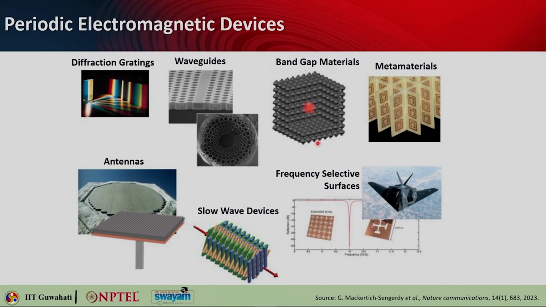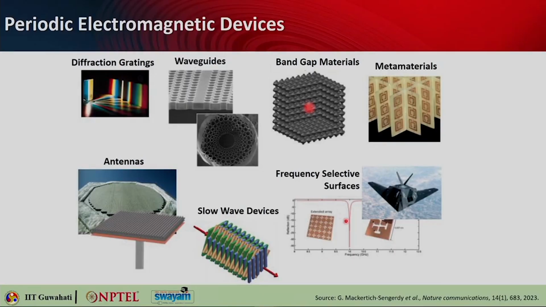Then you can actually make band gap materials with a defect at the center, which will act as a resonator cavity. These periodic structures can also form metamaterials, as we have discussed initially, that you can actually engineer the electromagnetic properties of material using this kind of periodic arrangements. Obviously you can make antennas and slow wave devices.